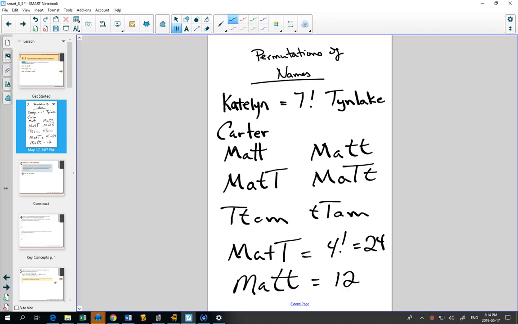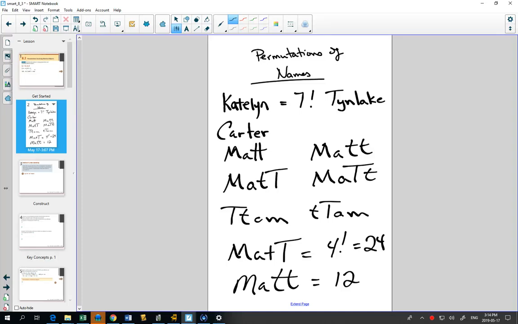Why is there only 12? How could we figure out that 12 if we knew that Matt with a big T and little t was 24? Well, the easy answer would be, you just divide it by 2, right?